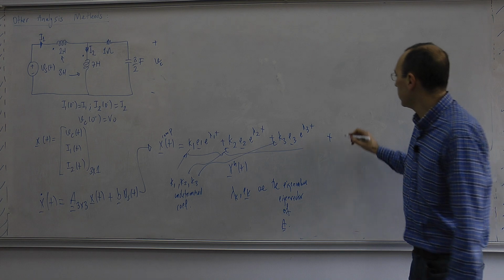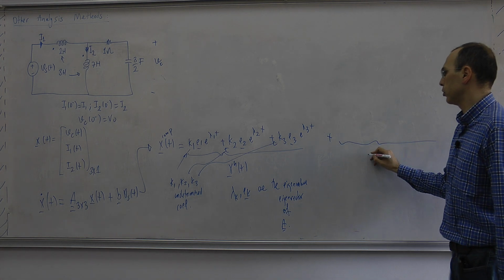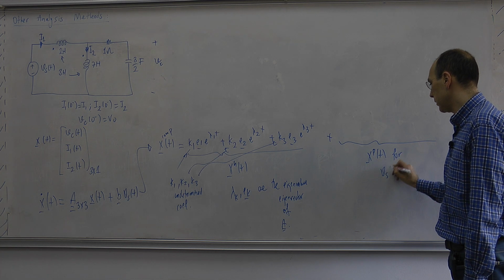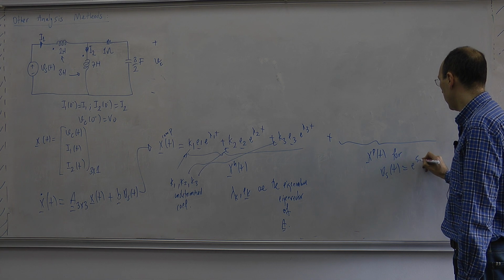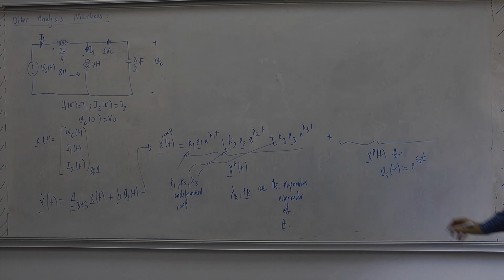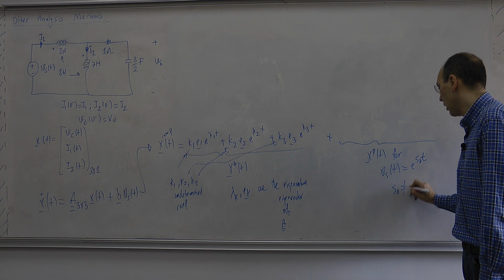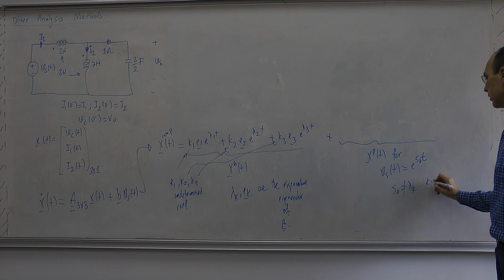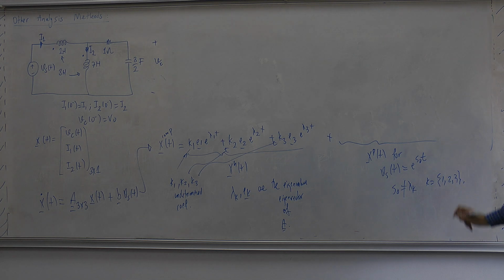Now, if the input is, let's say, the particular solution. If the input is, we have studied this thing in this form, e to the s naught t. And this s naught value is not equal to one of these lambdas. So what are these lambdas? They are called the natural frequencies of the circuit.